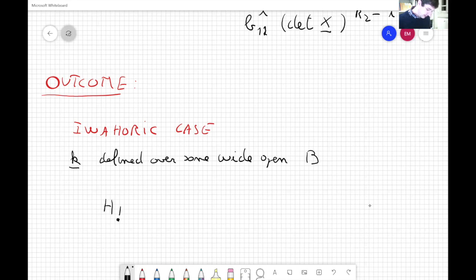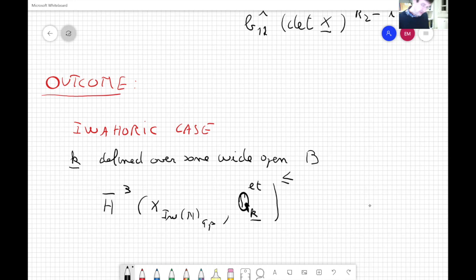Then the interior cohomology, maybe Vincent wrote it like an H bar, in this case, of X Iwahori, and C_p of d_k, it's a D, sorry, etale. Well, thanks to work of Stevens and Urban, it has a very nice slope decomposition.